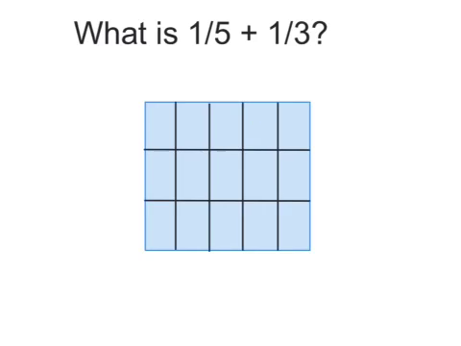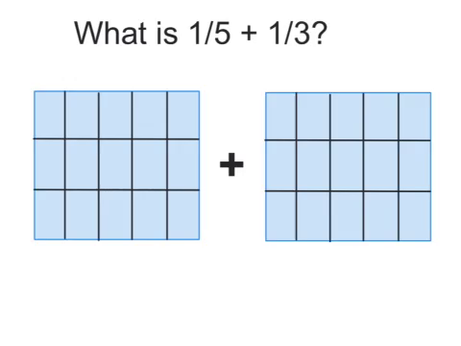Since 1/5 is the fraction I'm beginning with, I'm going to make 5 columns. And since 1/3, with 3 in the denominator, is the fraction I'm adding to that, I'm going to make 3 rows. So because fifths, 5 columns, because thirds, 3 rows. Now, what is 1/5 plus 1/3?